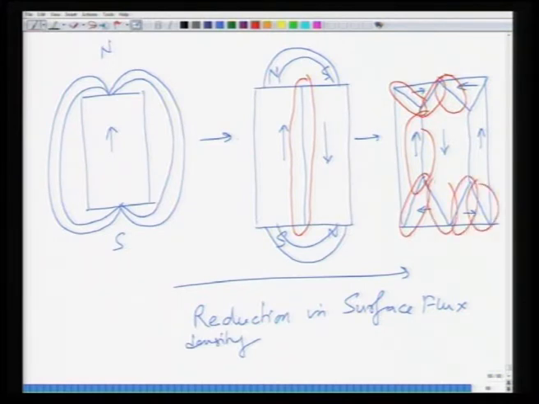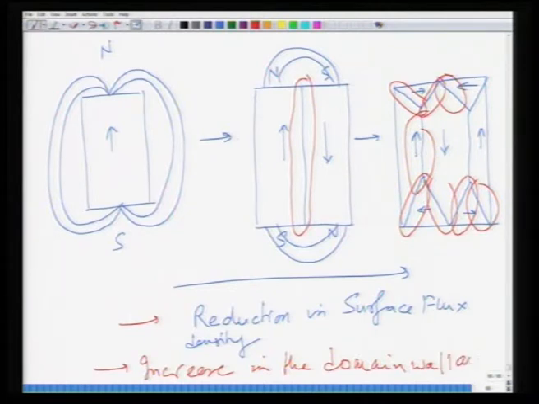So on one hand you have a reduction in the surface flux density, and on the other hand you have an increase in the domain wall area, and this requires a positive surface energy. So as a result, gamma, the typical term for surface energy, increases.